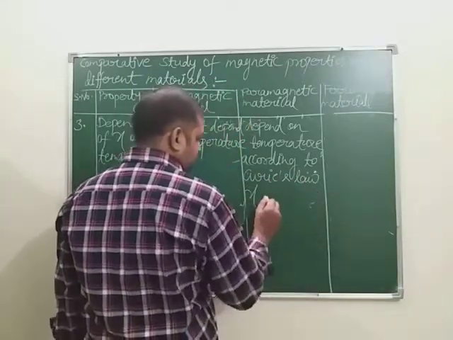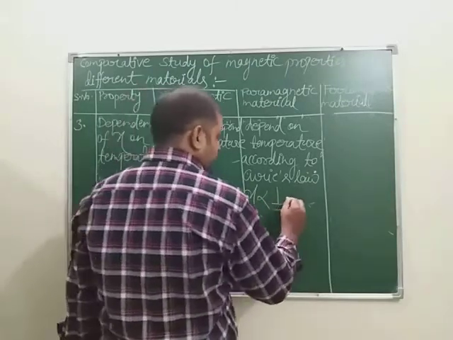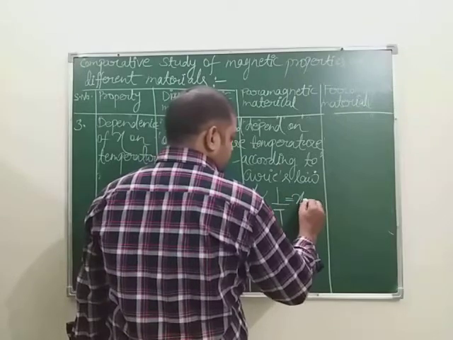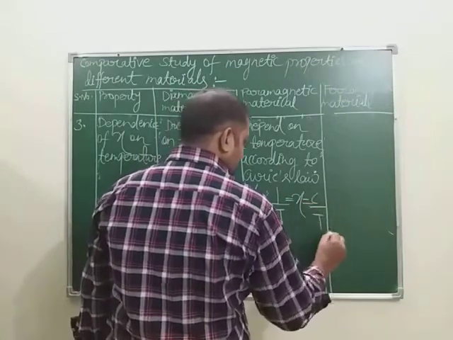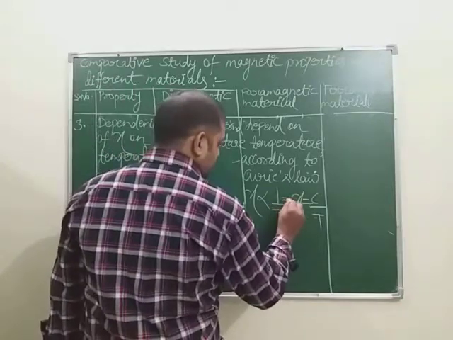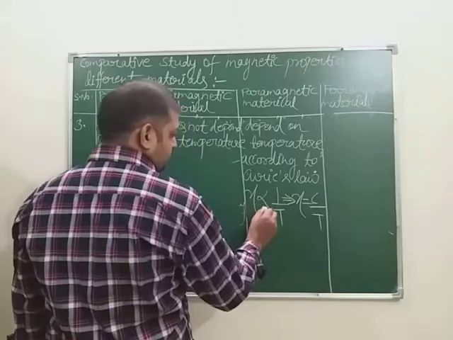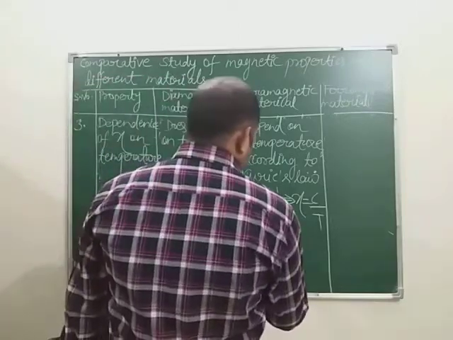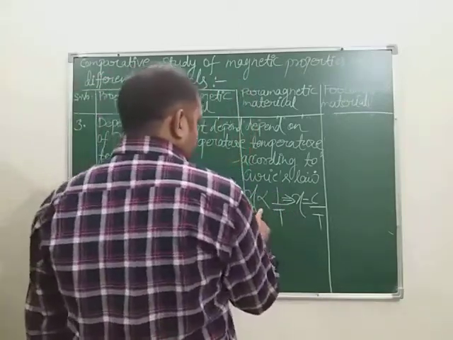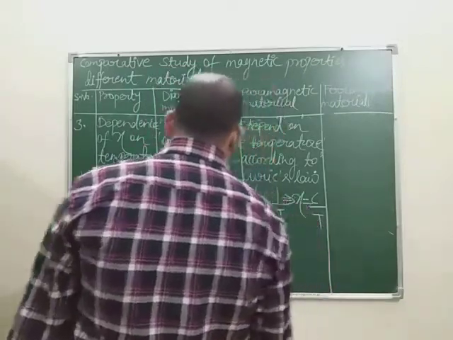What is Curie's law? Psi, the magnetic susceptibility, is directly proportional to 1 upon temperature. It can be written as psi equals C upon T. We replace the proportionality symbol with a constant: psi is equal to C upon T, where C is the Curie constant.